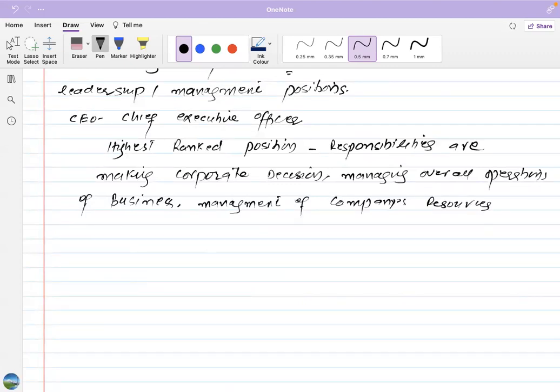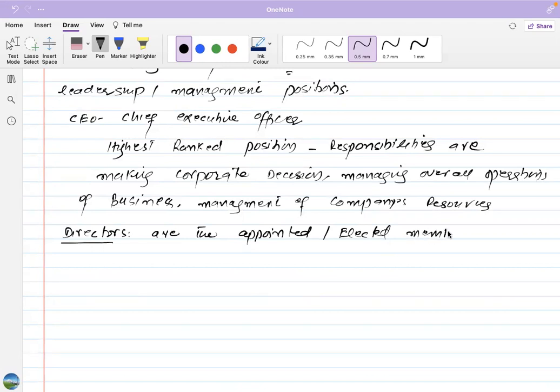Another position that leaders take in the business organization is director. So we'll talk about who the directors are. Directors are the appointed or elected members of the board of directors. They can be appointed by the CEO. Now, I suppose that we remember the discussion of the board of directors that we have earlier done in unit number 1.